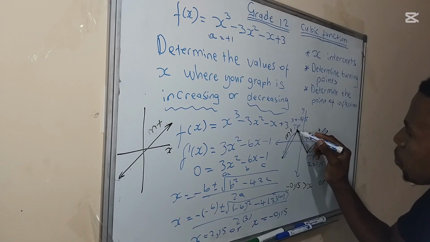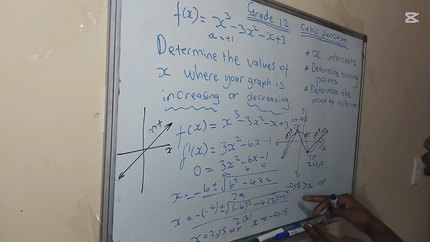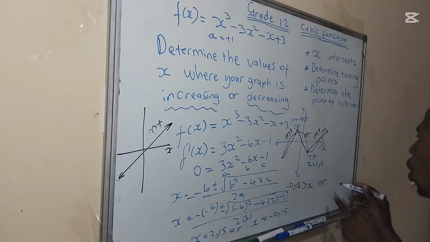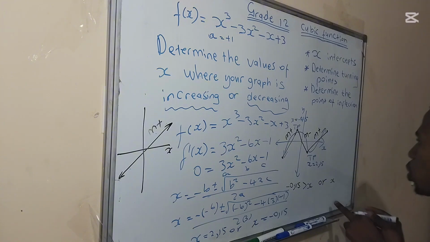But from this portion to this portion, it's increasing. So it's increasing whereby the values of x are less than negative 0.15, or whereby the values of x are greater than 2.15.